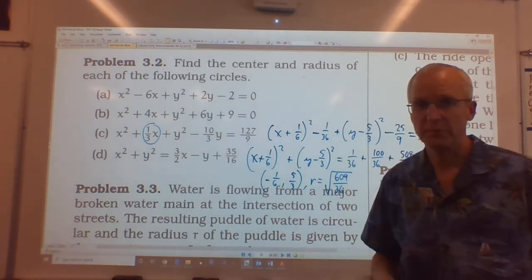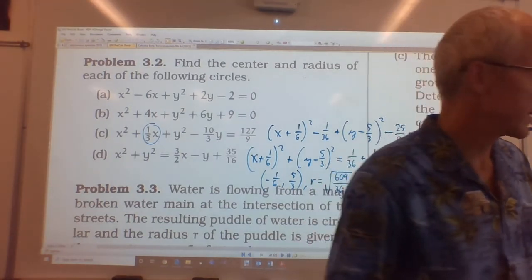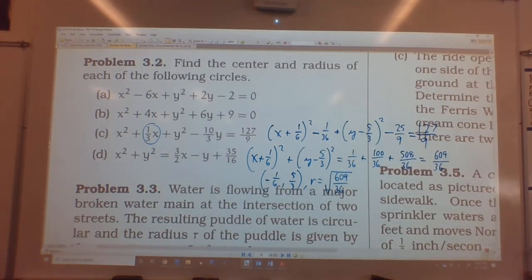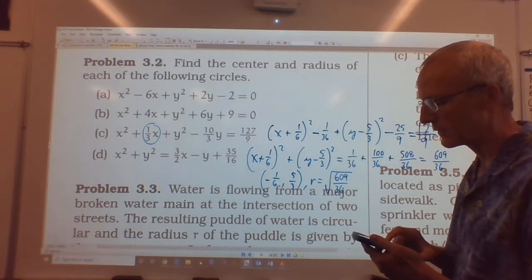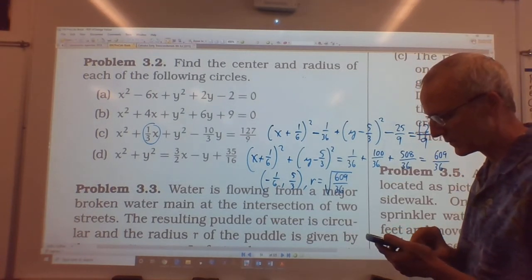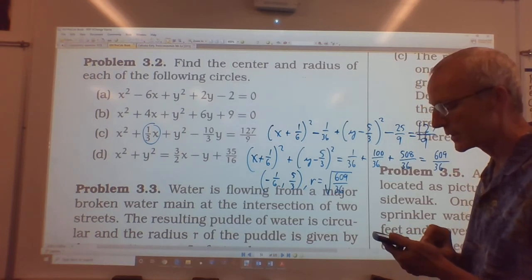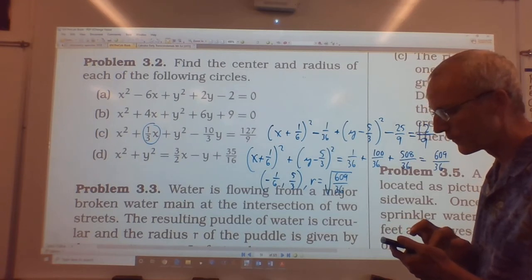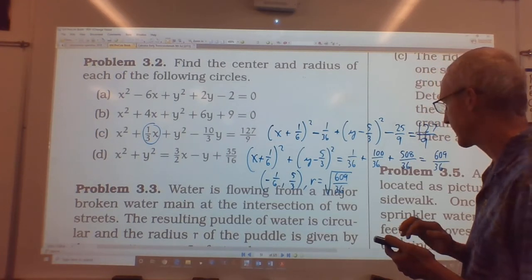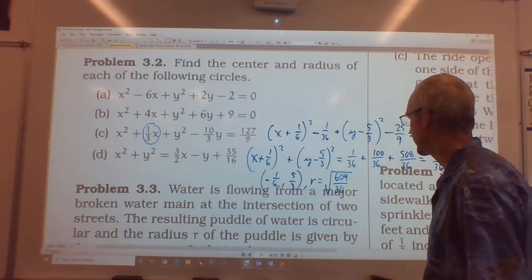Now maybe that's going to be a pretty number. I haven't plugged it into my calculator yet. Let me try that. What's the square root of 609 divided by 36? I just can't believe it will be pretty. Okay, I would just leave it as 609 divided by 36.